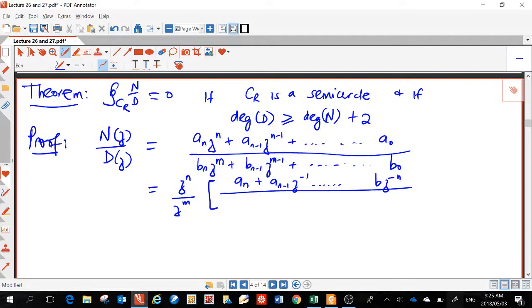Likewise, at the bottom, we will have b_m plus b_(m-1) z to the minus 1, all the way up to b_0 z to the minus m. I can just call this for short 1 over z to the m minus n. And this thing in brackets, let me just call it g of z.